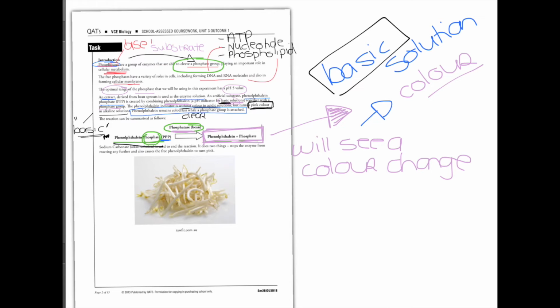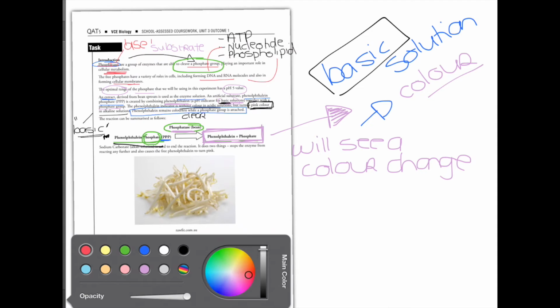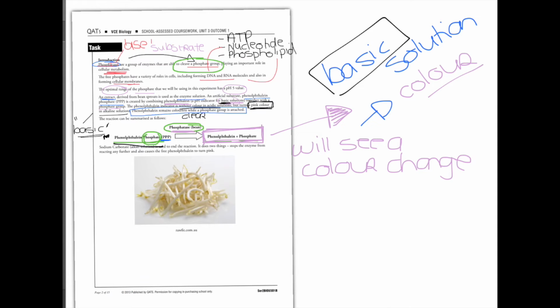If, and I'll change this to a completely different colour, if the enzyme is subjected to a pH or a temperature that is not its optimal temperature and it's not working efficiently, or it's so slow that we can't see it working, this PPP will not turn into phenolphthalein and phosphate.